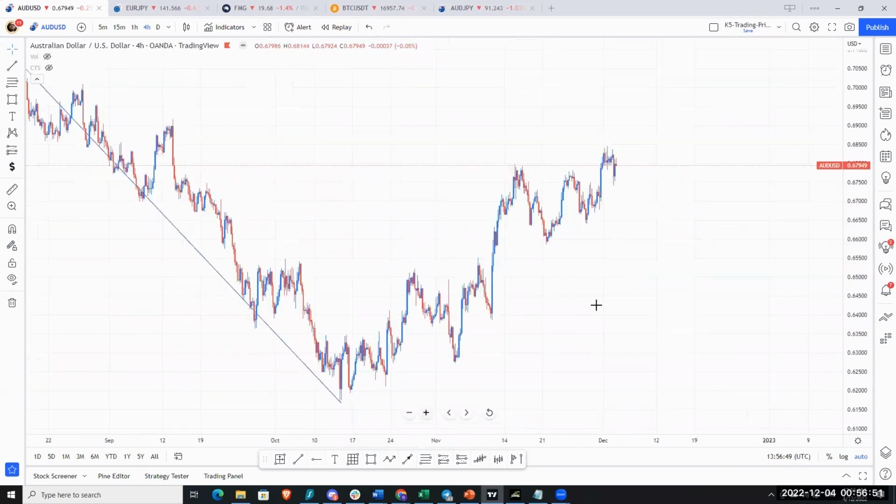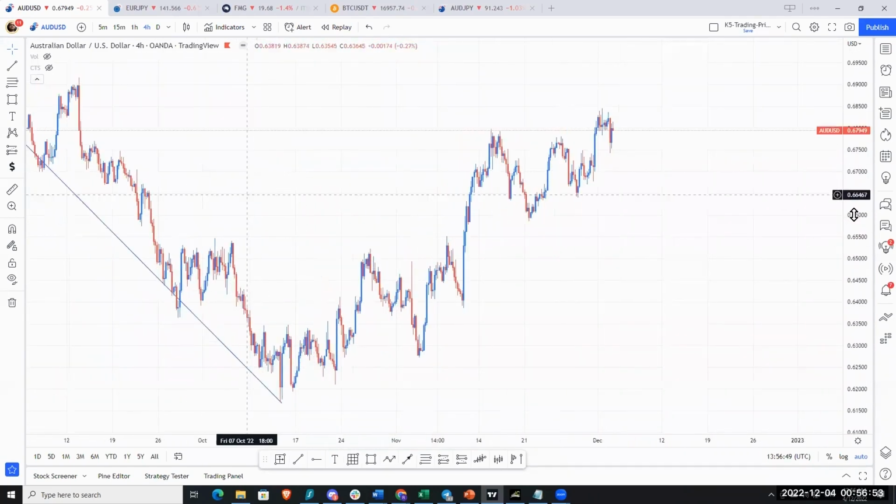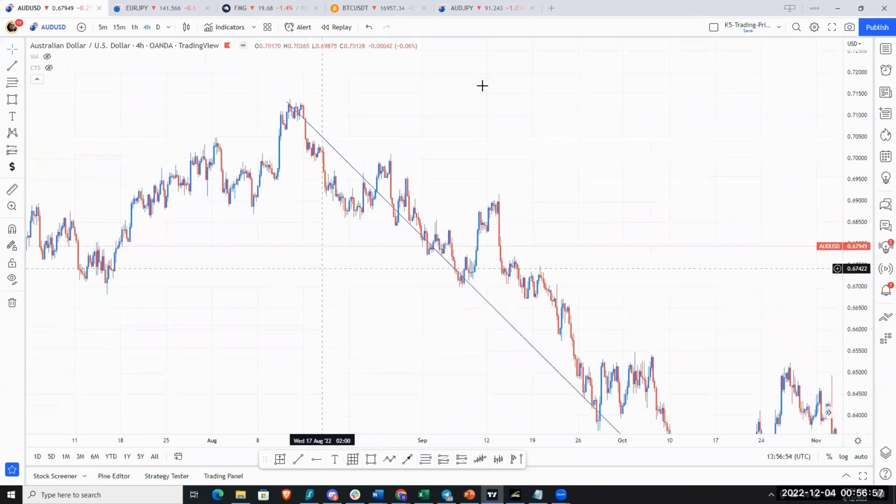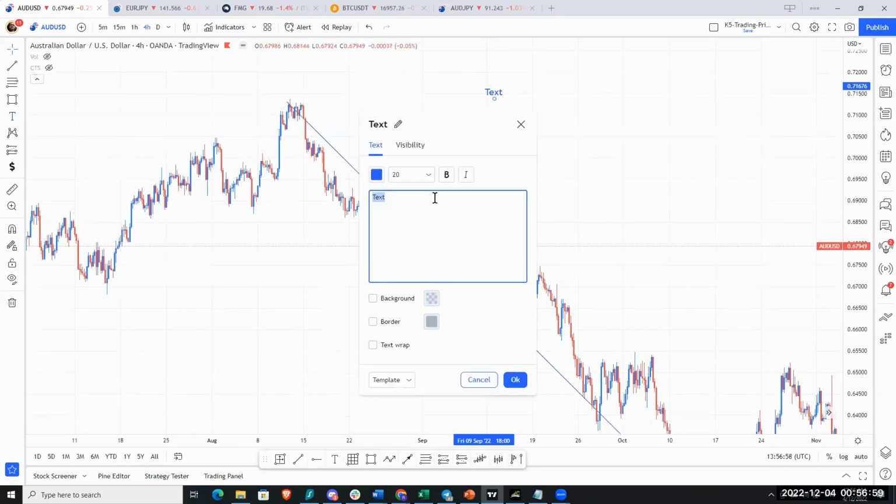The rules for creating the point of interest are very, very simple. How do we mark? Number one, break of structure. Number two, fair value gap or imbalance in the premium zone. Why premium zone? Because if the market wants to come down, this is where we are looking for our zone.